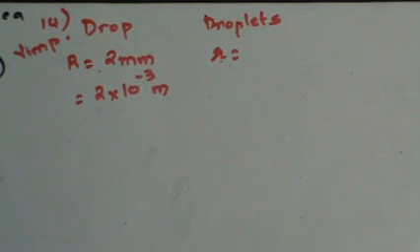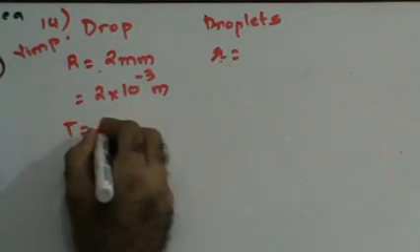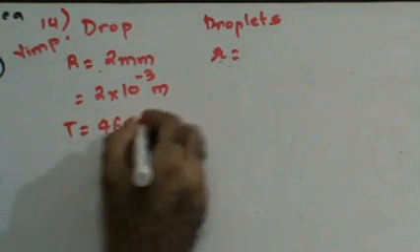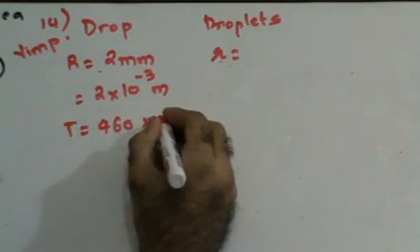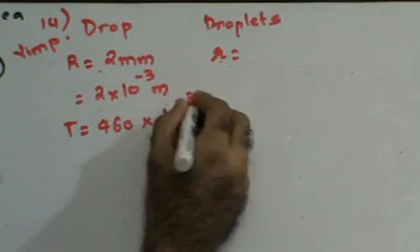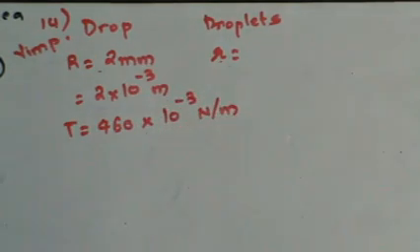And the surface tension of the mercury is 460 into 10 raised to minus 3 newtons per meter.